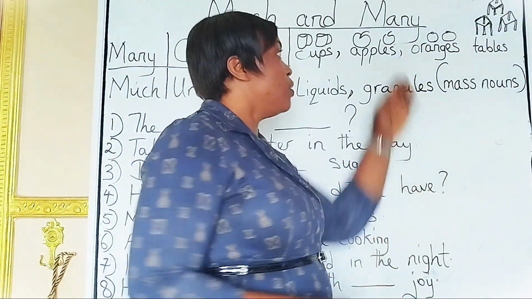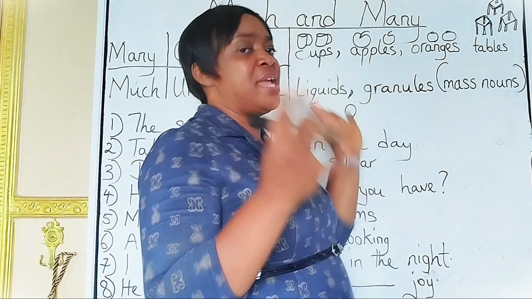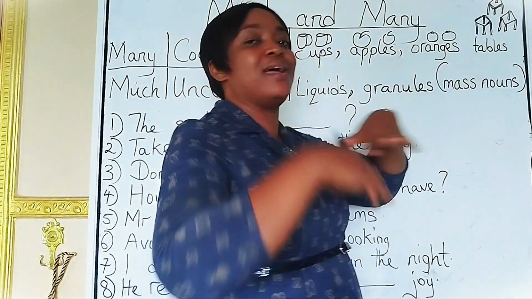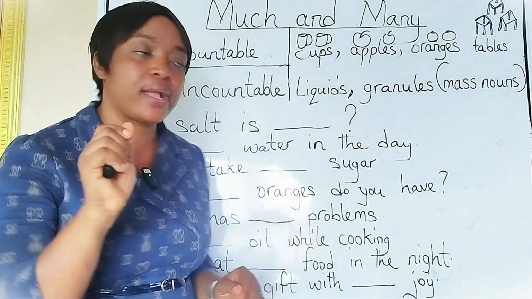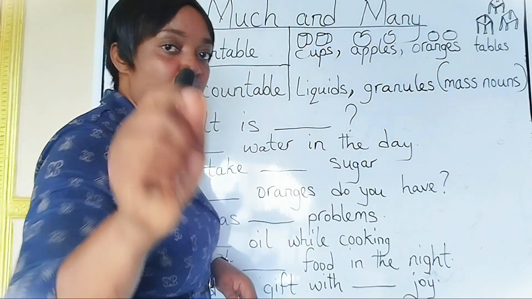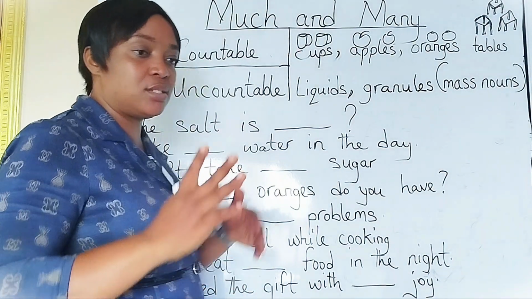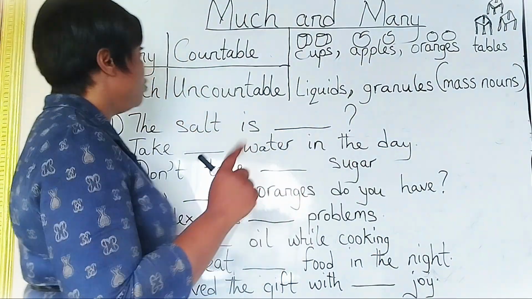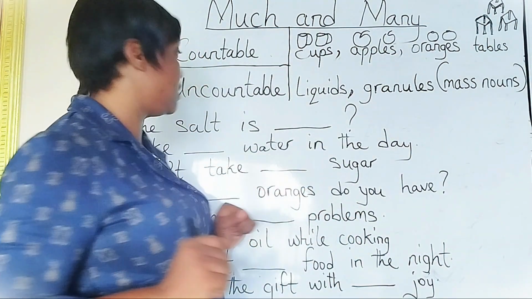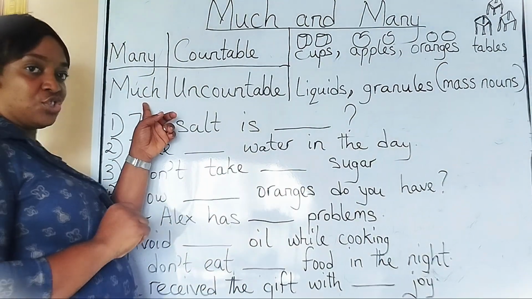Oranges, the same. 1, 2. I can have many oranges. Tables, 1, 2, 3, and all that. Anything you can count. Just know that when trying to quantify that thing, you must use many. And anything you can't count needs much.